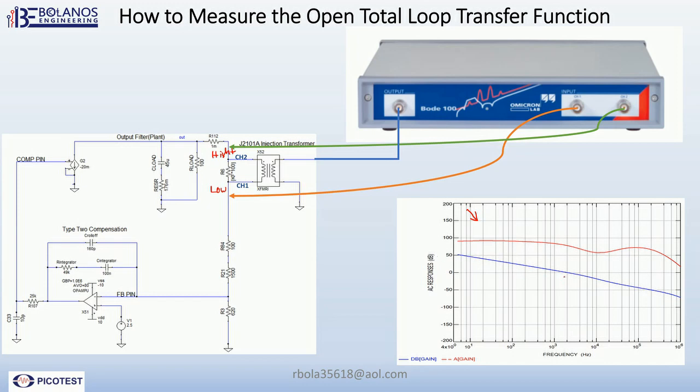Here you can see that the crossover is close to 2 kilohertz, and then where it crosses the 0 dB, this would be your phase margin.